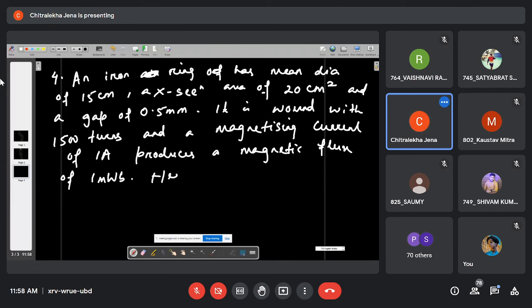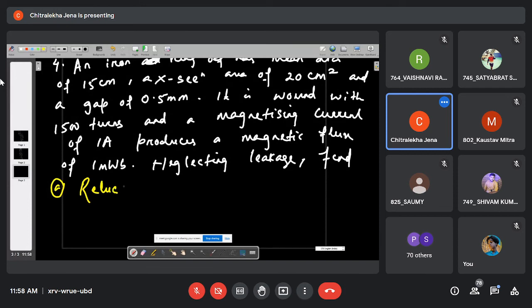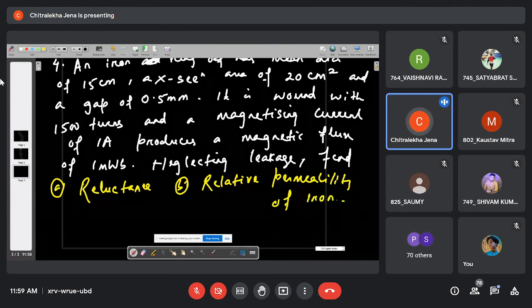Neglecting leakage, you have to find: first bit, the reluctance; second bit, the relative permeability of iron. Do it quickly, you have 5 minutes, finish within 5 minutes.